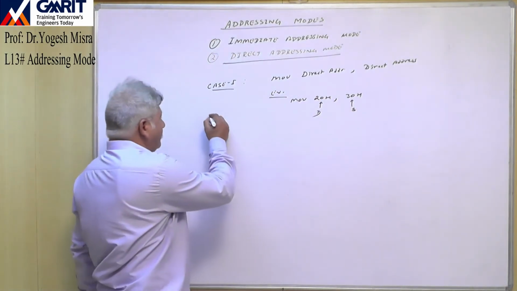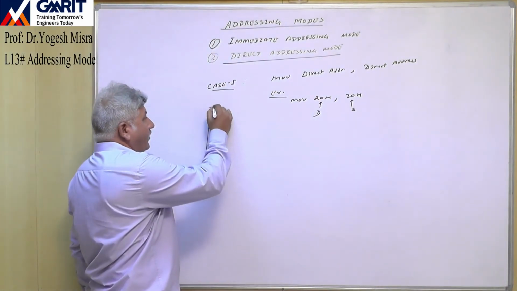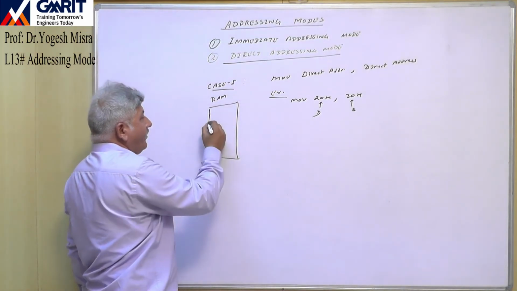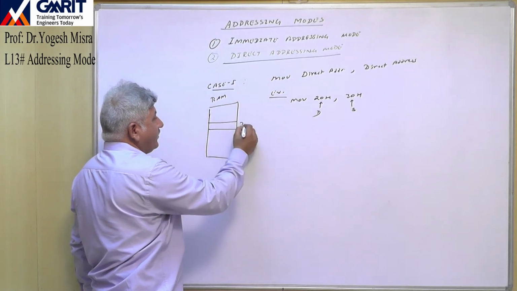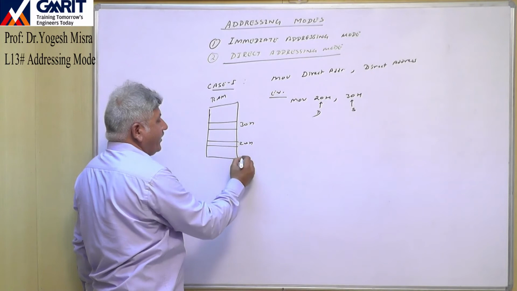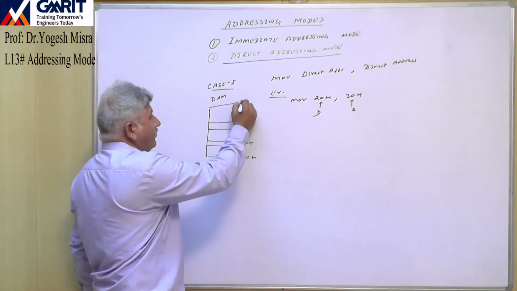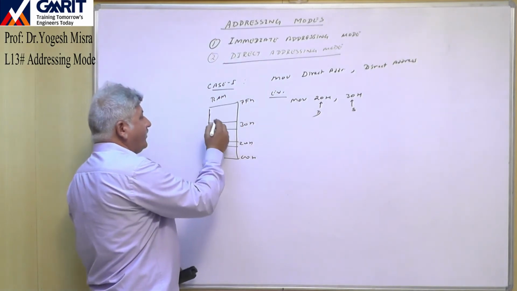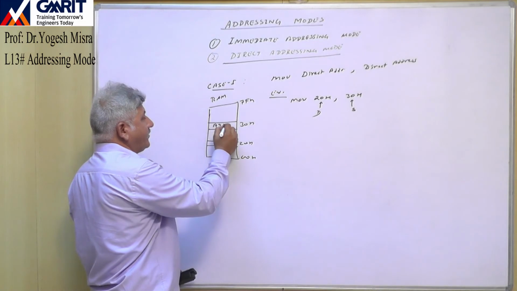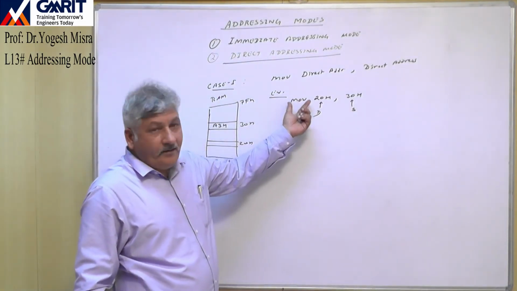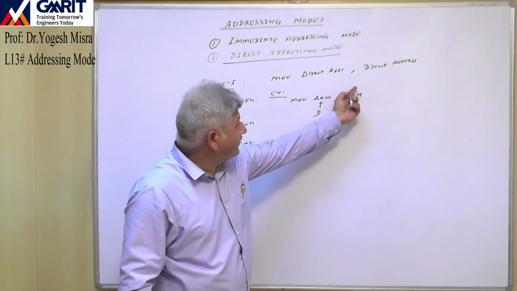So here suppose this is our RAM. In RAM we are having this address 30H and we are having this address 20H. Addresses will start from 00H to 7FH. So at 30H, suppose we are having some data, let us assume it is A3H. So now when this instruction is executed, the content stored at this address is moved.